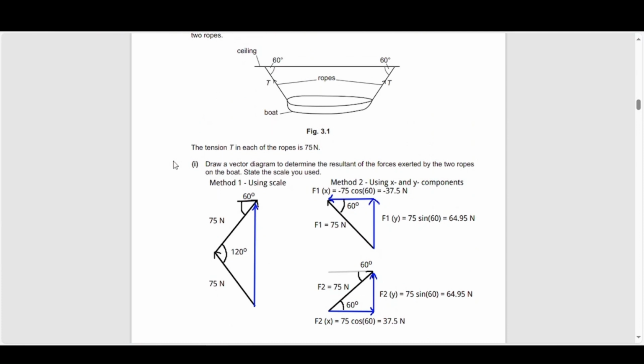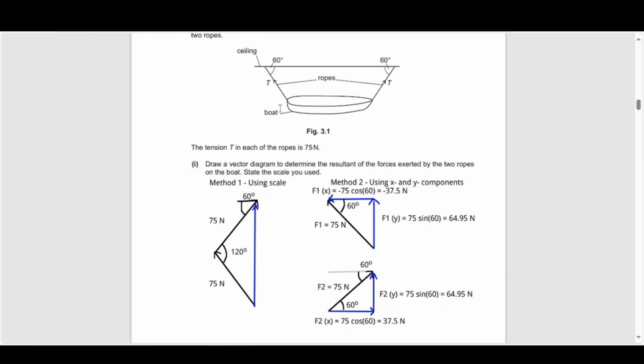I think one of the advantages of using the scale method is that you don't need to be well versed in trigonometry. It's also the case here that the resultant, when you draw the triangle out, is not a 90 degree triangle. If I was to explain the logic, the first step always is to draw a triangle for the resultant force.